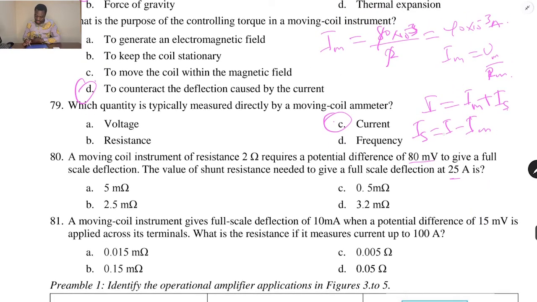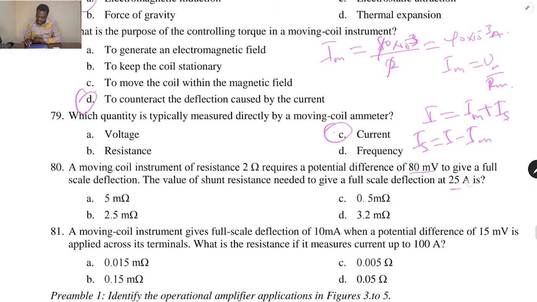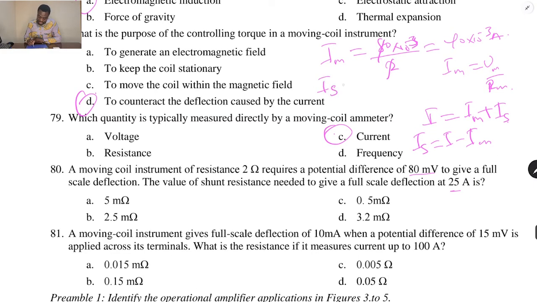Now that we have this, I can get the shunt current. I is 25, minus 40 milli.